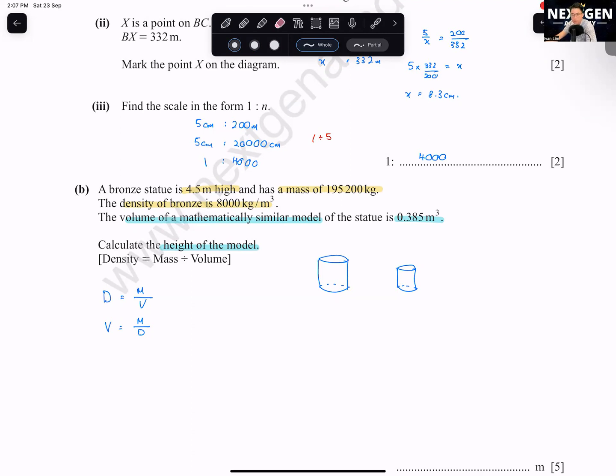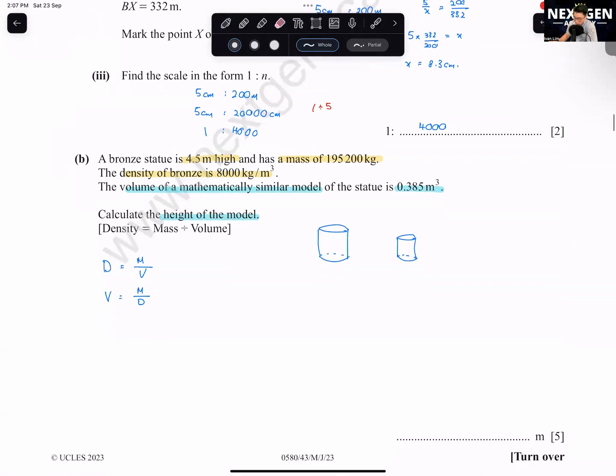Volume is mass over density. You sub in the mass and the density. One thing you need to take note of is the units also. You see here, they give us kg and kg, so my volume will be in terms of meter cube.